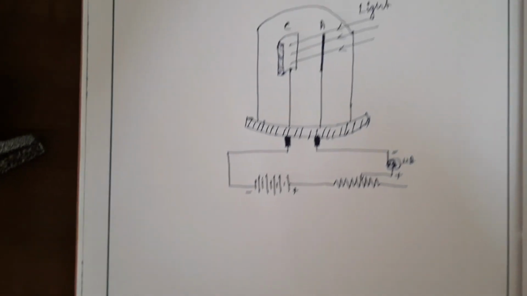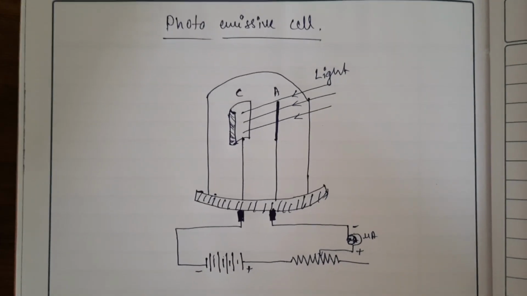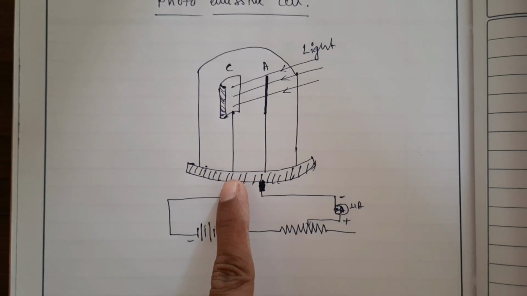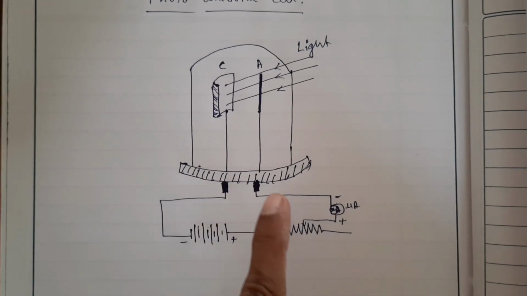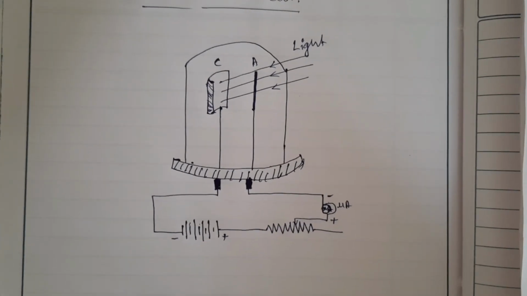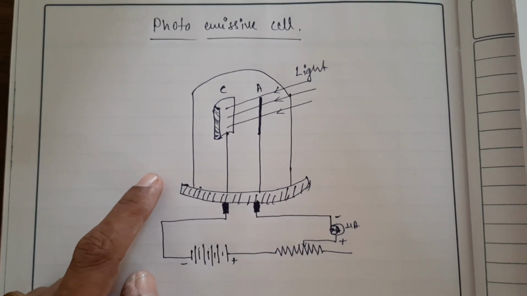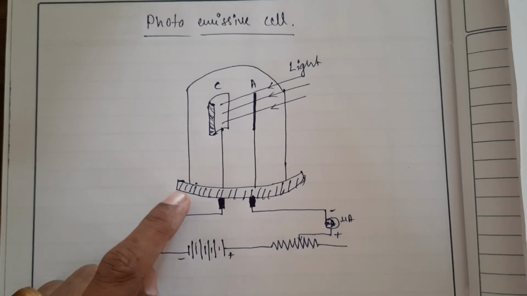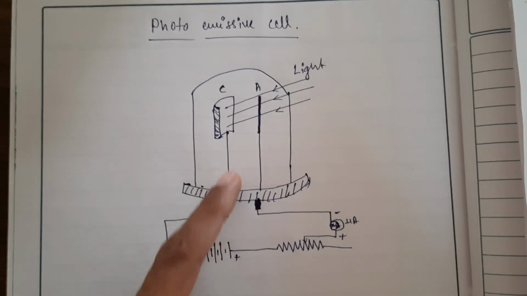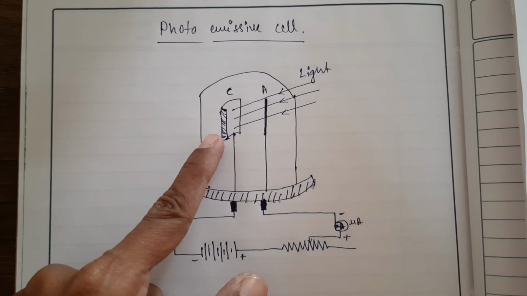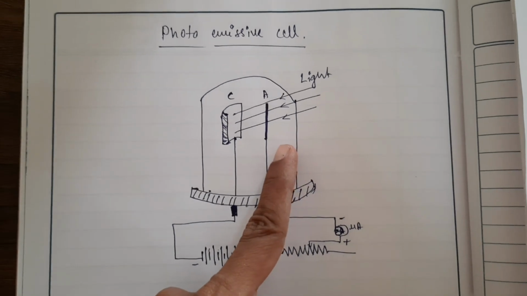Here is the construction of the photoemissive cell. This is the diagram. Once you understand it, you can easily understand the theory. Within this glass or quartz bulb we have a cathode plate and an anode rod.